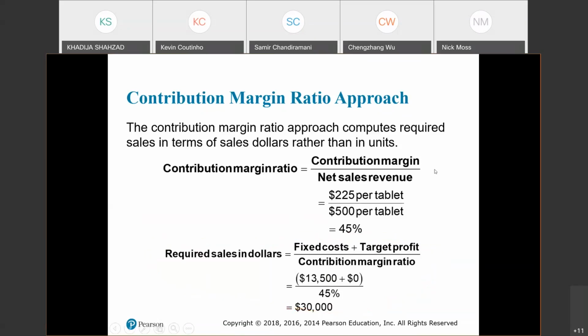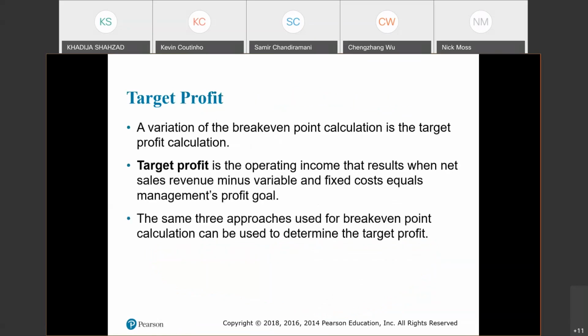Okay, these are three approaches to get to know the break-even point level, either in terms of units or in terms of dollar amount.